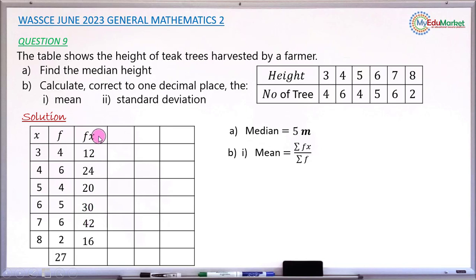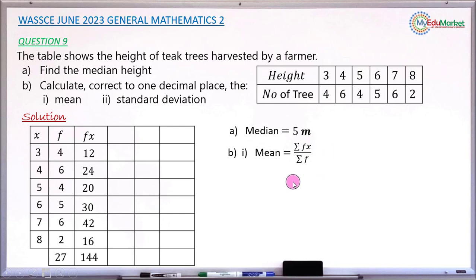So I'm going to add this fx. That will be what I'm going to substitute in this formula at the numerator level. So adding this fx, 12 plus 24 plus 20 plus 30 plus 42 plus 16, if you did it correctly, this is what you're going to have, 144. So I can now substitute in this formula to find the mean.